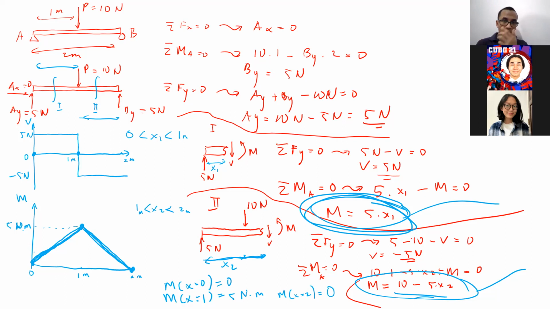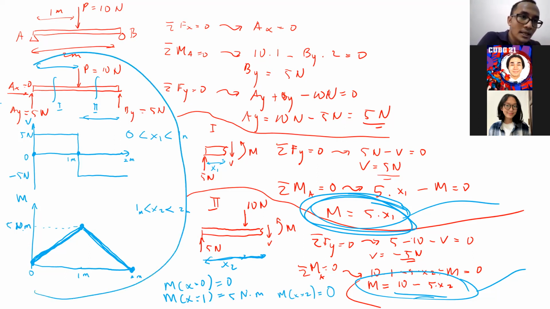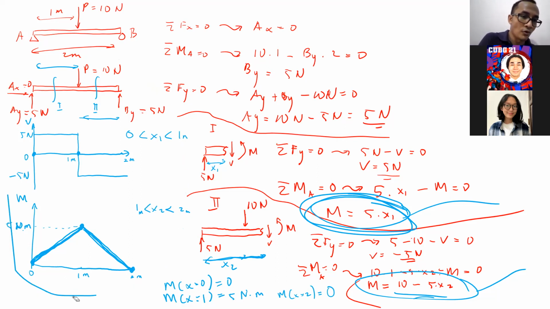And now, after you find out the internal moment diagram and internal shear force diagram, we know the value of all the internal shear force and all the internal moment at every location. For example, if I want to find out at x equal to 0.5 meters, what is the value of the internal shear force and the internal moment, then I can just do it this way.